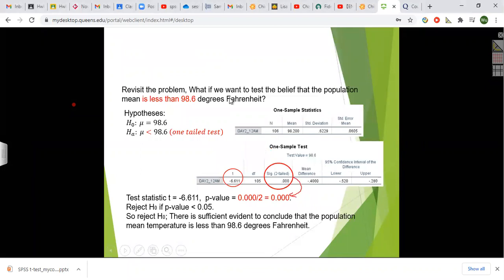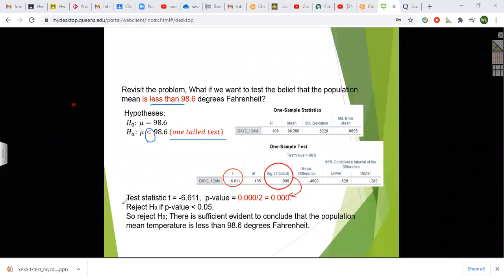Now, if we revisit the question and suppose you want to test a belief that population mean temperature is less than 98.6, how's that going to change our question? One thing we need to change is the alternative hypothesis to less than 98.6 according to the claim. And this will turn to a one-tailed test. One-tailed test will basically affect the p-value, because this value is from the two-tailed test. You're going to divide this p-value by 2.